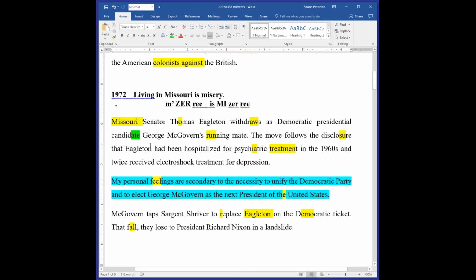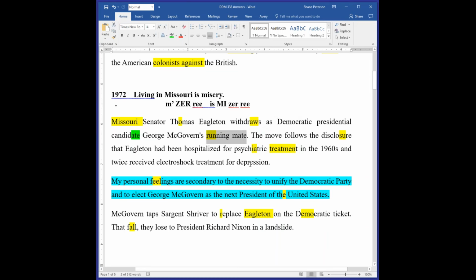Ate is absolutely fine in this situation, but candidate is good too. Now, this is also an ATE, but I mean the suffix ATE, not a word like mate or fate or great, not the single syllable, the multi-syllable ATE. Running mate. Very good.